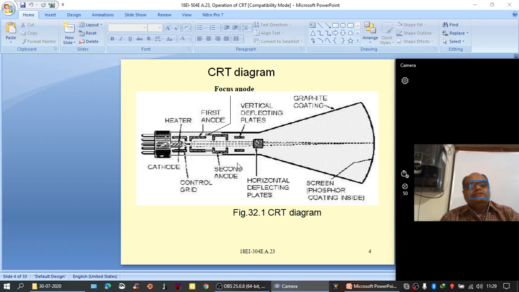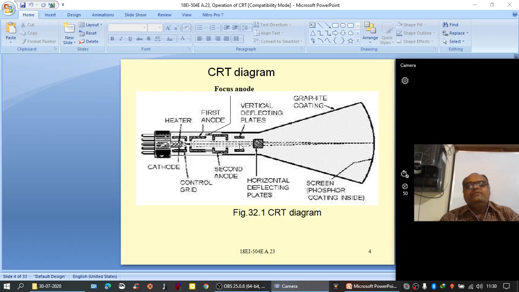And during the fourth quarter of the signal, when the voltage starts decreasing towards zero, the electron beam once again moves back, and by the time the vertical input becomes zero, the electron beam would settle at the middle. So what happens in one cycle?